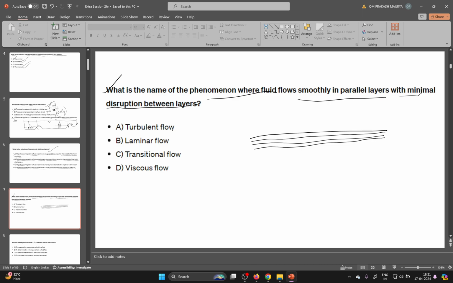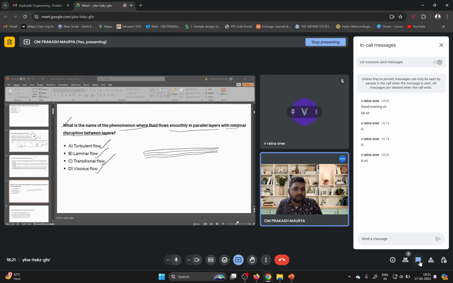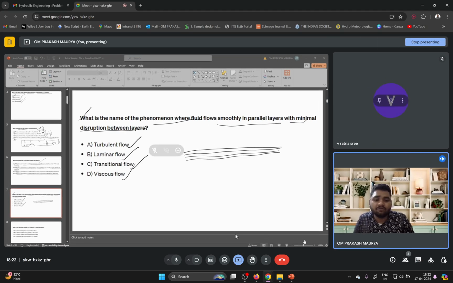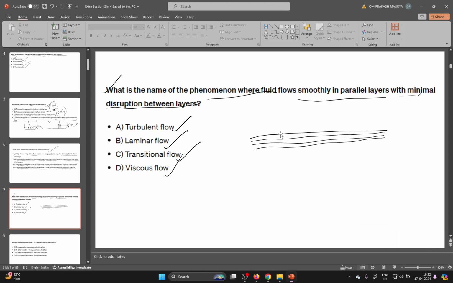So whether turbulent flow, laminar flow, transition flow or the viscous flow. Yes, definitely it is a laminar flow. Okay, you are telling the option B. Yes, definitely the answer will be B for this question.